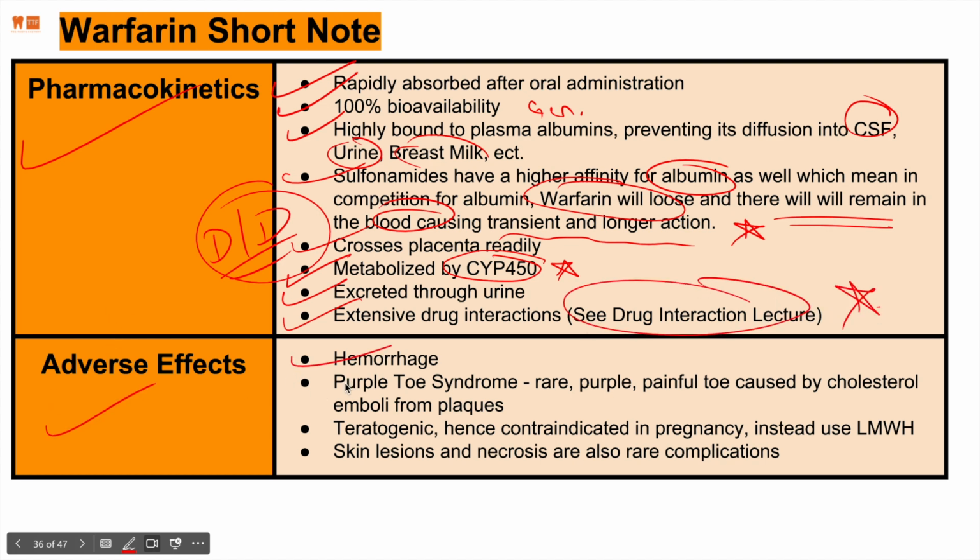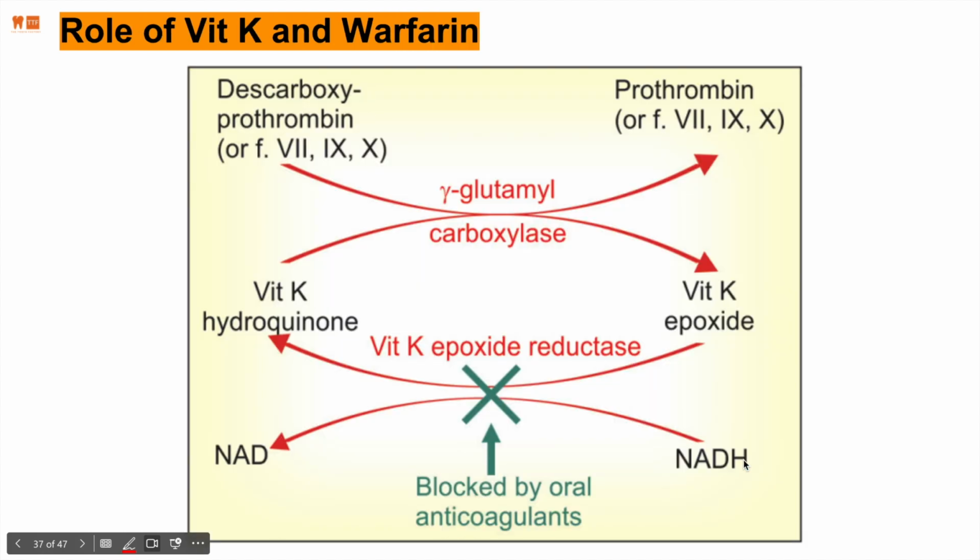Adverse effects: hemorrhage, purple toe syndrome, a rare purple painful toe caused by cholesterol emboli from atherosclerotic plaques. Teratogenic, hence contraindicated in pregnancy. Instead, we should use low molecular weight heparin. Skin lesions and necrosis are also rare complications of warfarin.